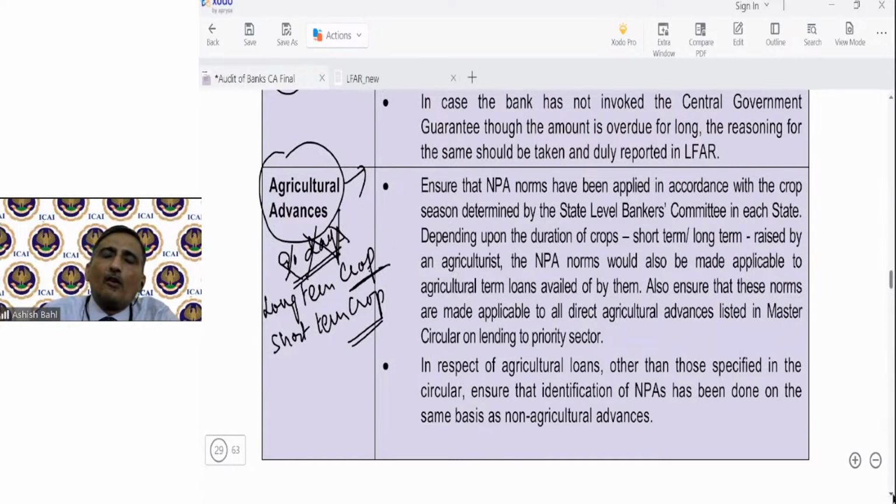Like you sow paddy in the month of July, and you harvest the crop in the month of October. So it is a short-term crop.